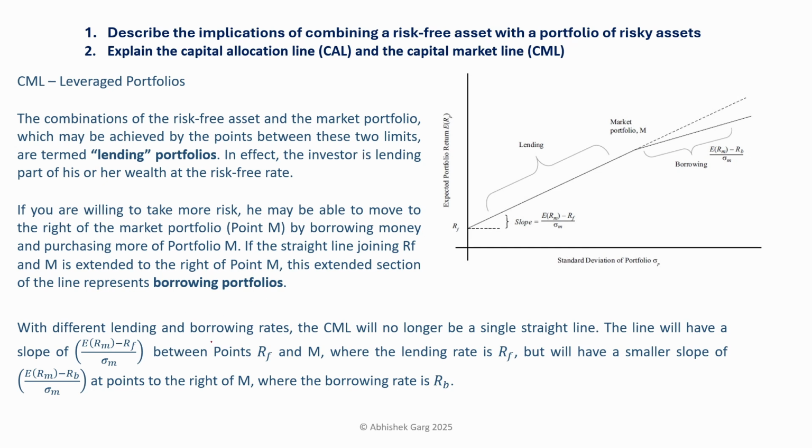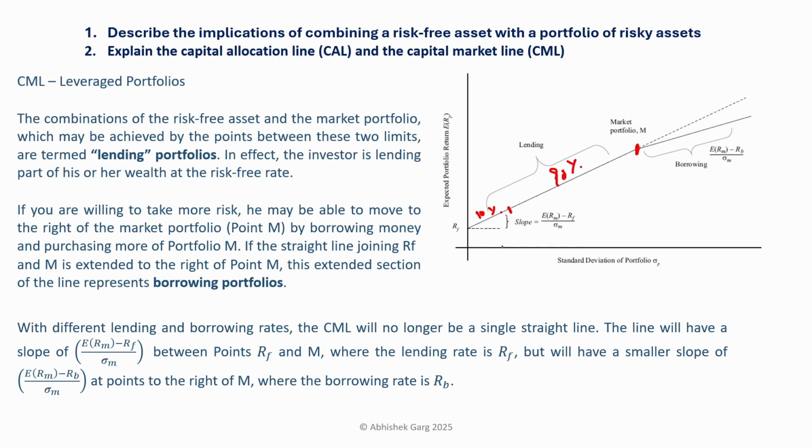Now let's talk about lending and leveraged portfolios. This is your market portfolio and this is your risk-free rate. Now let's say you invest 10% of your assets in the risk-free asset and 90% in the market portfolio.